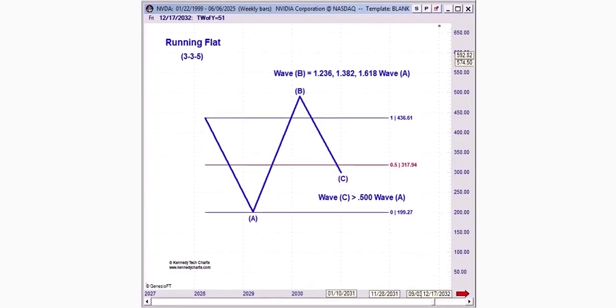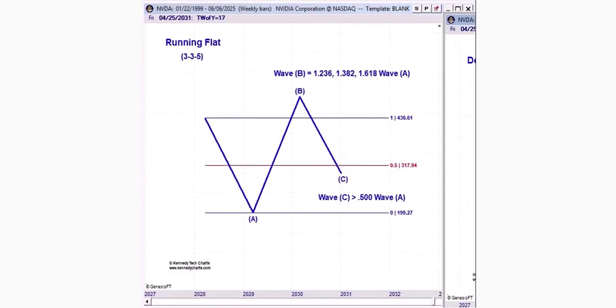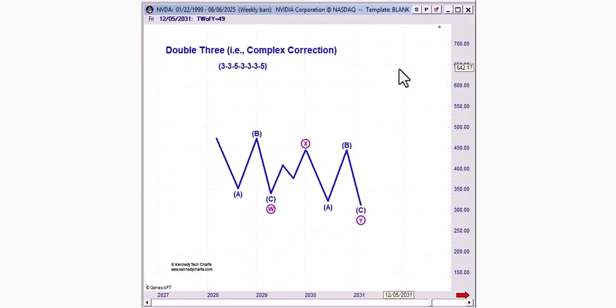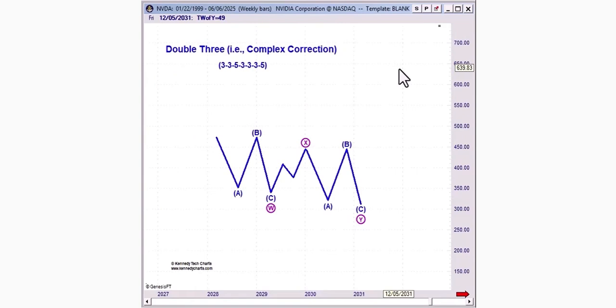Now, one more variation or complexity, which we looked at whenever we were looking at zigzags, would be the double zigzag. What you see here is a double 3, where you have a flat correction in the W position, and then another flat correction in the wave Y position. Complex corrections or combinations occur whenever these are mixed: you have a zigzag and then a flat, or a flat and then a zigzag.